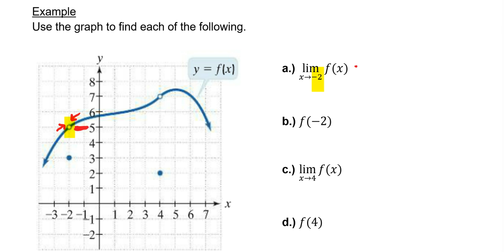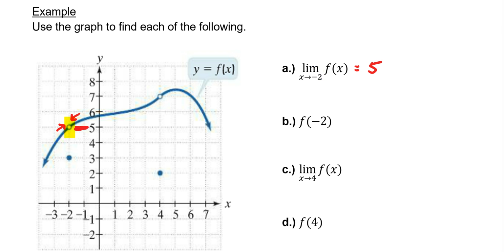The hole's y value, I should say, which is a y value of 5. So the limit as x approaches -2 of f of x equals 5. All right, always remind yourself too that when you are answering these questions, you're asking yourself, what are the y values getting closer to as x approaches your value from the left and from the right?